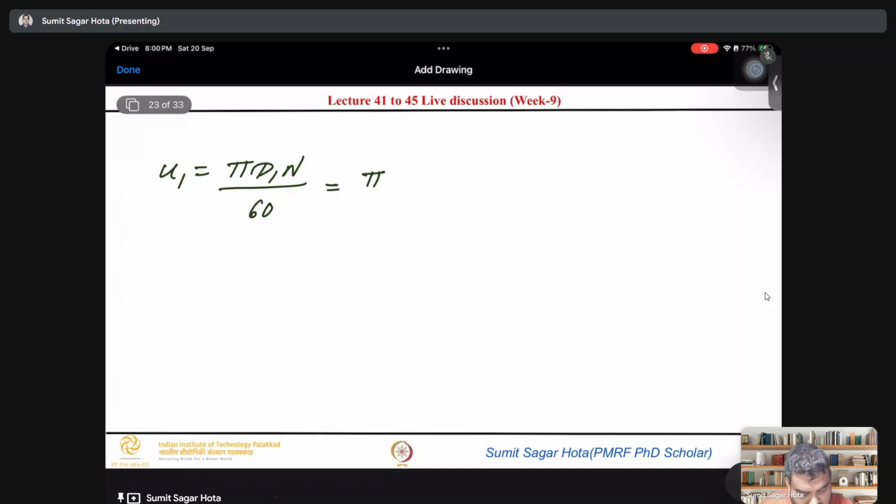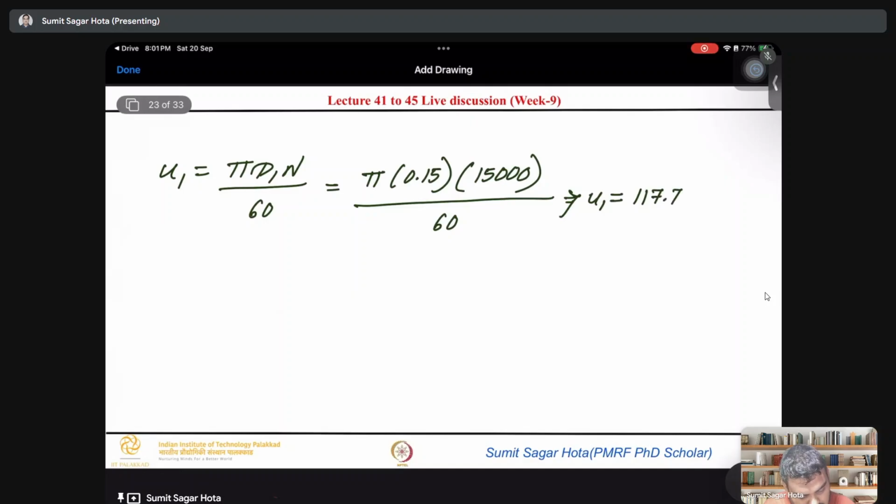So pi into 0.15 into 15,000. So this is your U1.